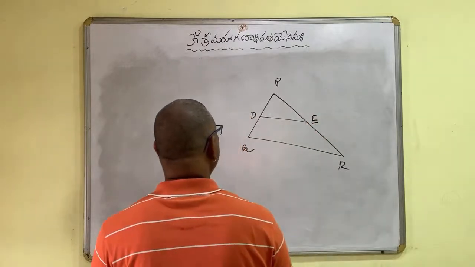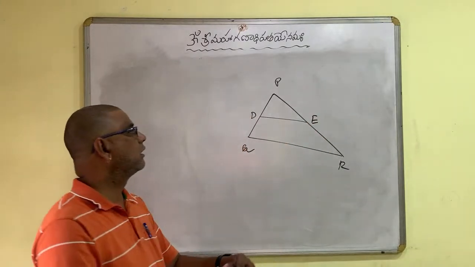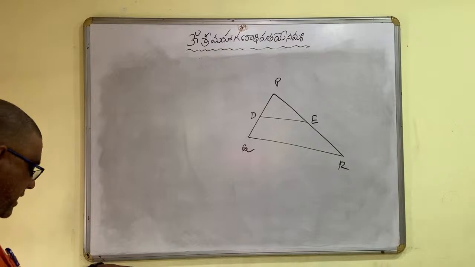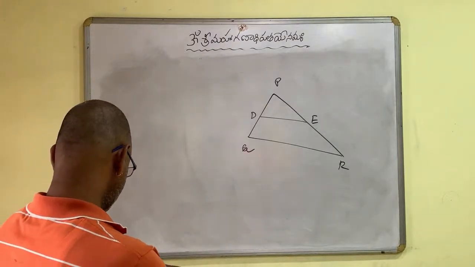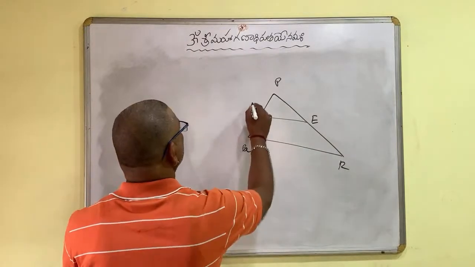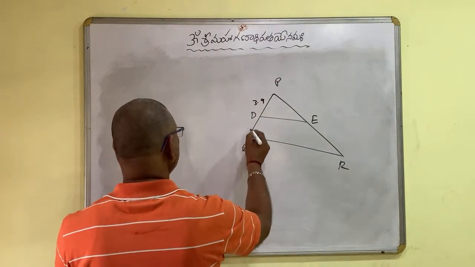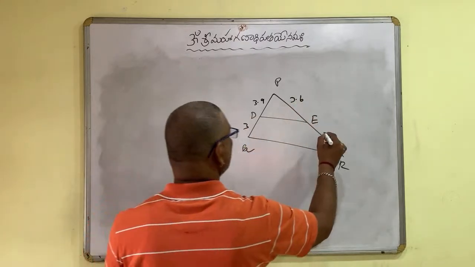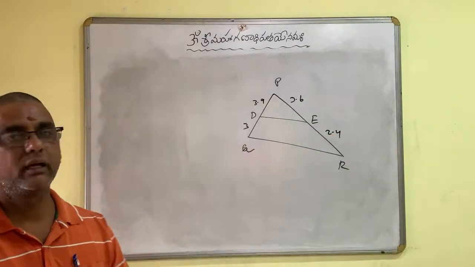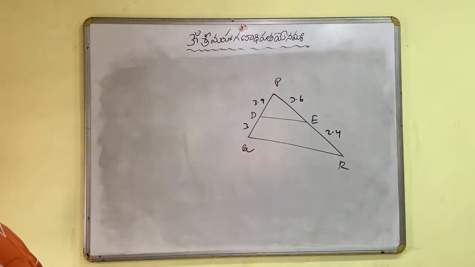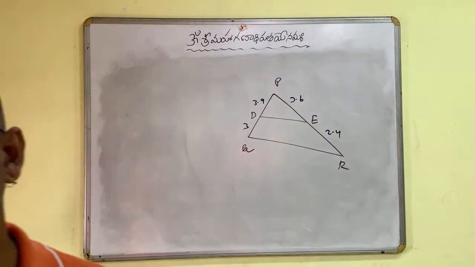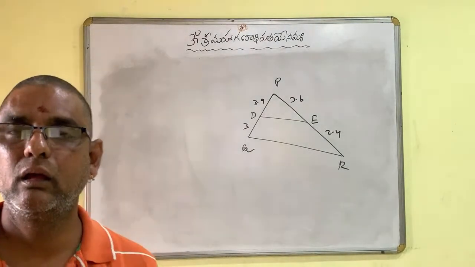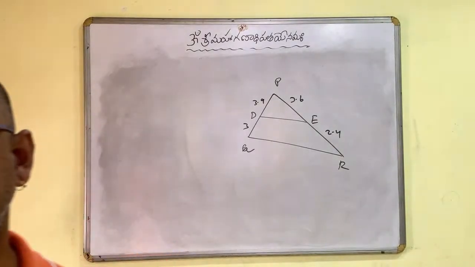DE is drawn, intersecting PQ at D and PR at E. This is 3.9, 3, 3.6, 2.4. Can I say DE is parallel to QR?